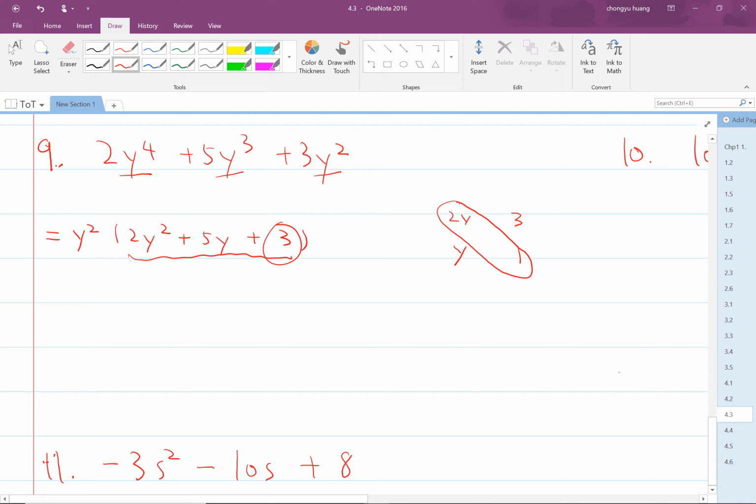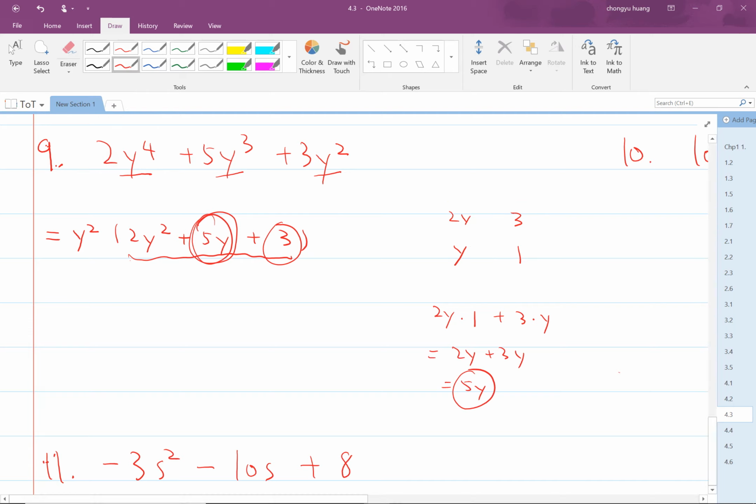We have 2y multiplied by 1, and then plus 3 multiplied by y, so 2y plus 3y is equal to 5y. 5y is exactly the same as what we wanted over here. So we actually get the right combination.